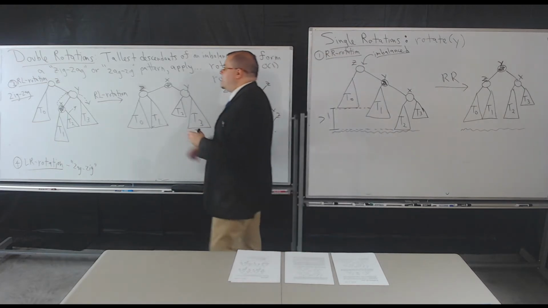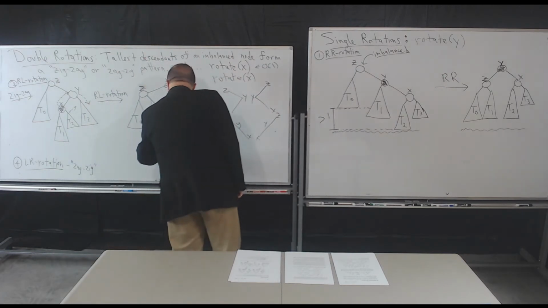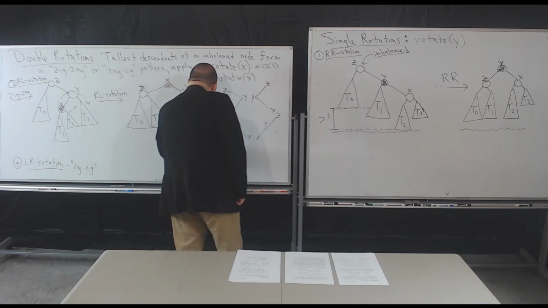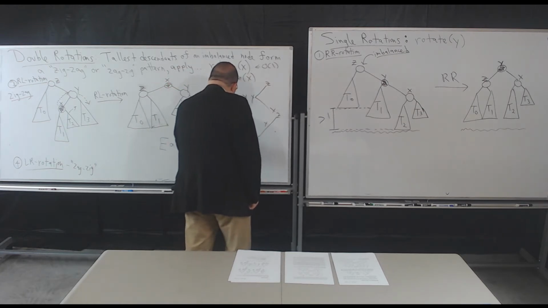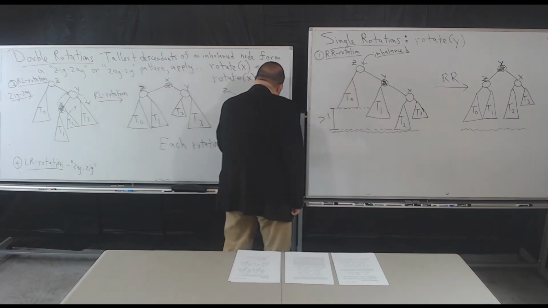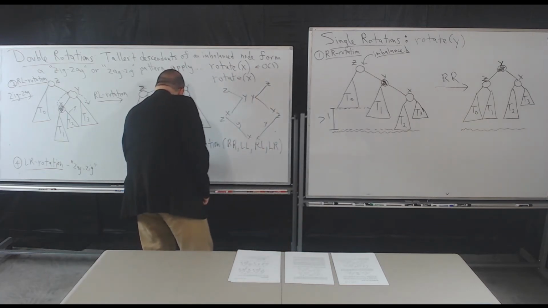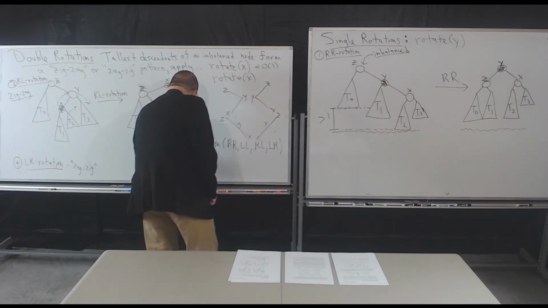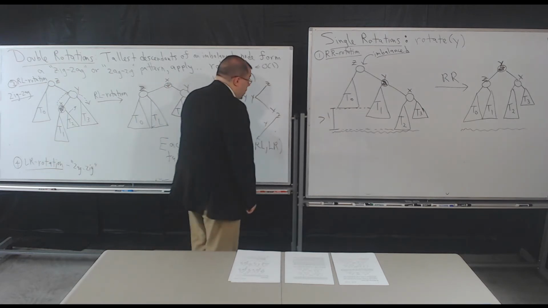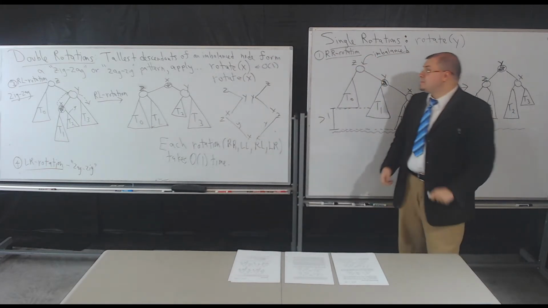So how long does any one of these rotations take? Each rotation, I mean the RR rotation, the LL rotation, the RL rotation, the LR rotation, takes constant time. So that's a really nice feature of this tree if we maintain the heights.